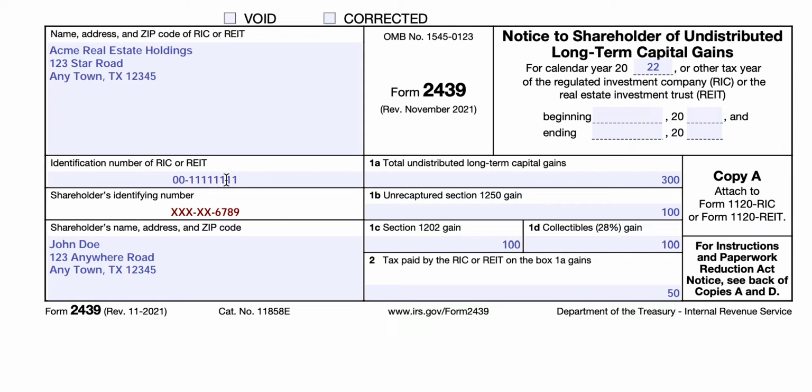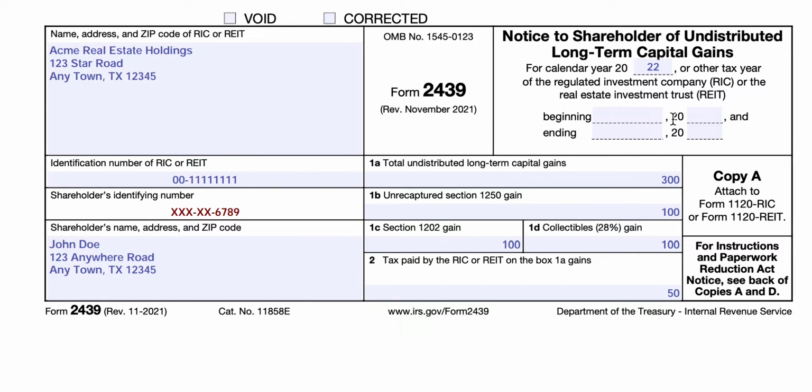However, the reporting company or trust cannot truncate their own identification number. That will be in your form. And on copy A, that goes to the Internal Revenue Service, you'll actually see the entire identifying number. So any copy that is reported to the IRS will contain the entire taxpayer identification number.